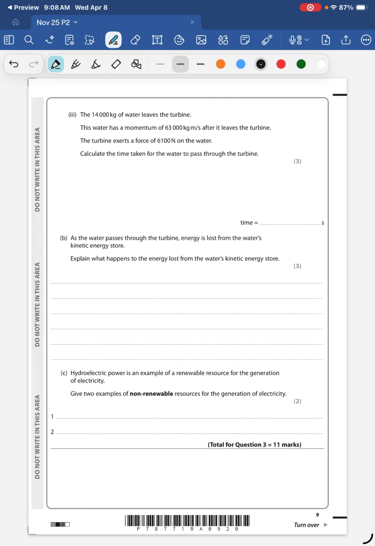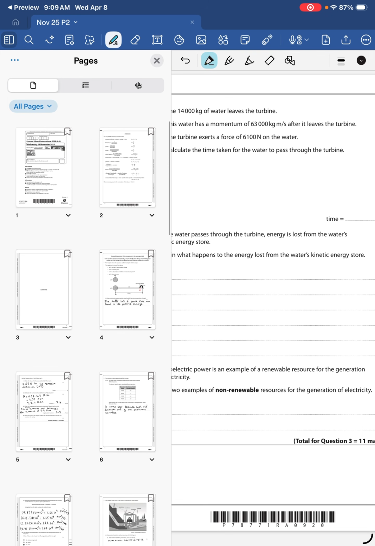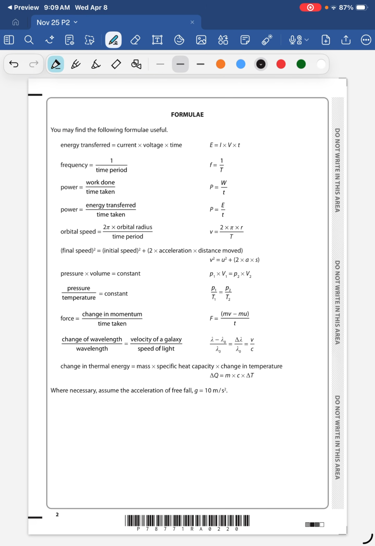So here is where you use the concept. The problem with me solving these papers is that I haven't actually taught at the GCSE level. So let me see if they give you a formula related to Newton's second law. Yes, they give it to you. So this is what we need to use.